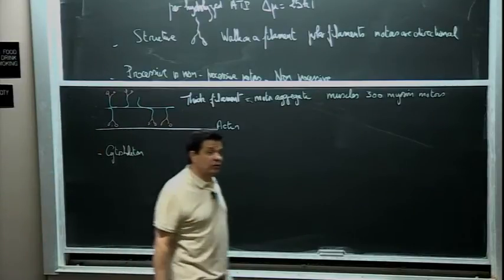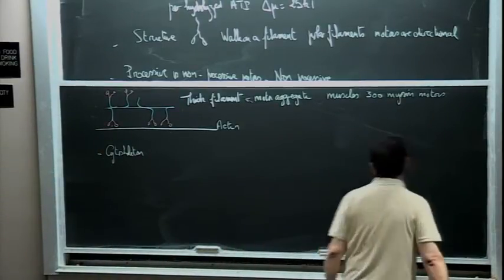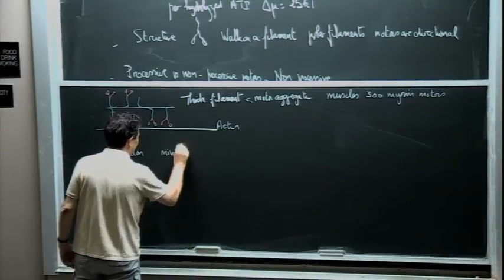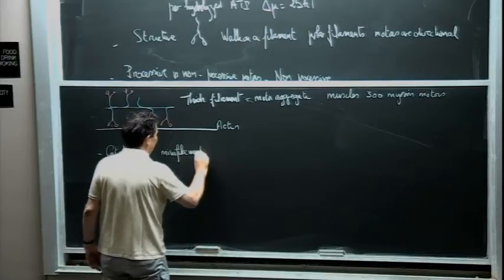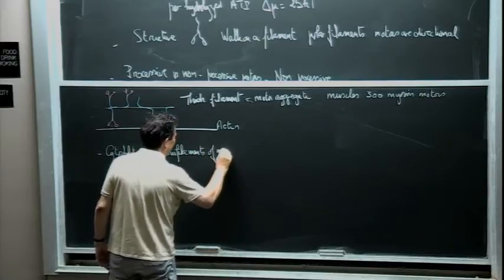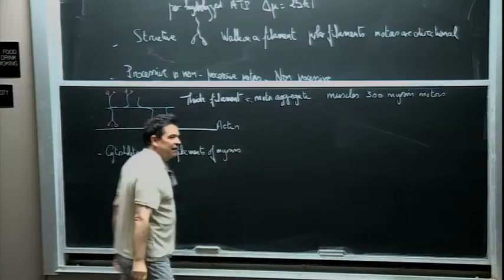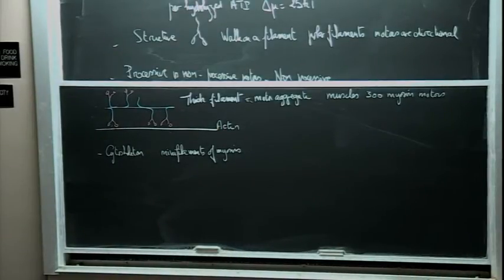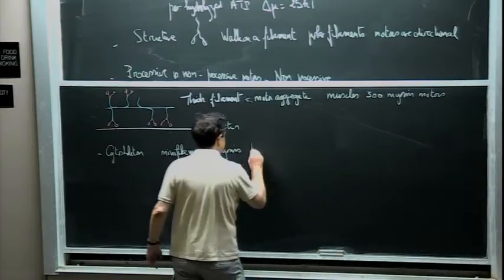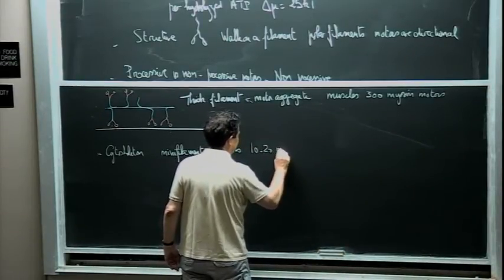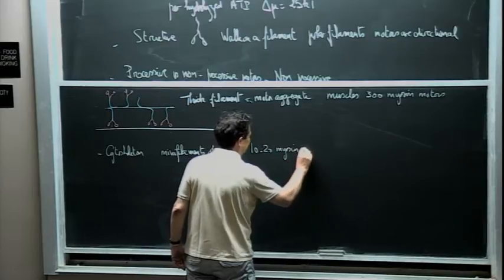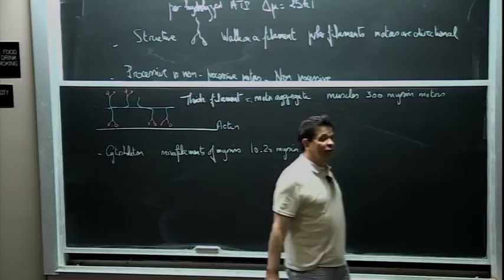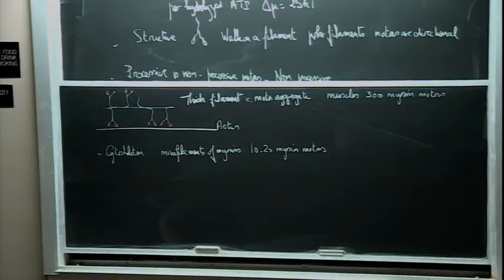Now, in the cytoskeleton, what you have is smaller motor clusters. They are called mini filaments of myosins. Typically, they will have between 10 and 20 myosin motors. So, on the same filament, you have many motors.